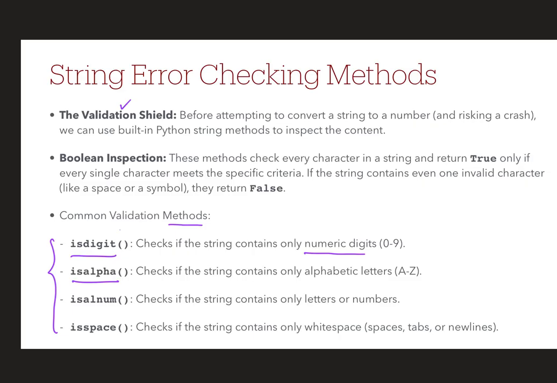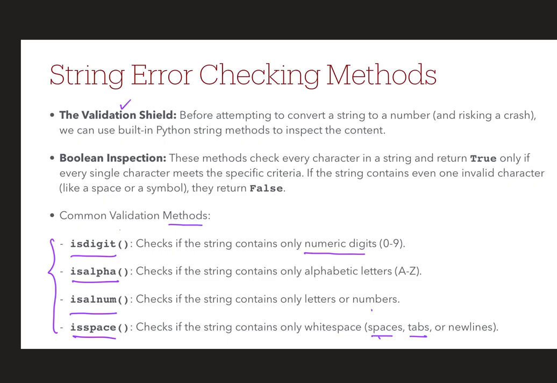Isalnum checks if the character string contains only letters or numbers. Isspace checks if the character string contains only white spaces. When I say white spaces, it means a space, tab key, or new line.